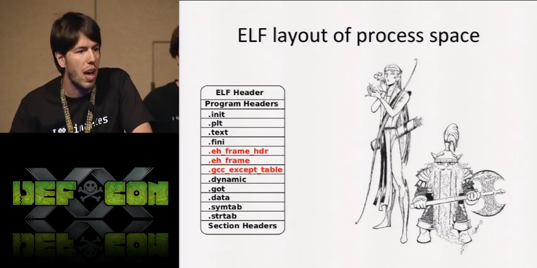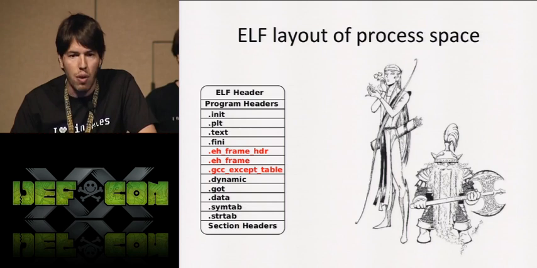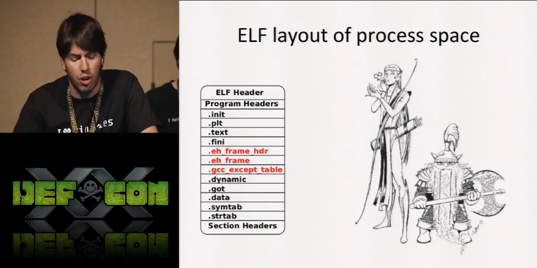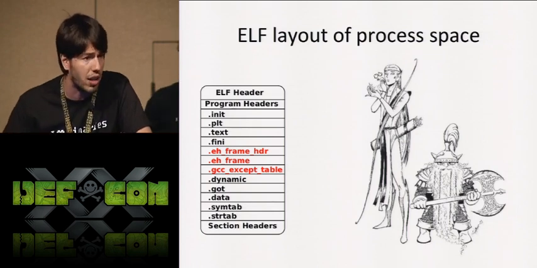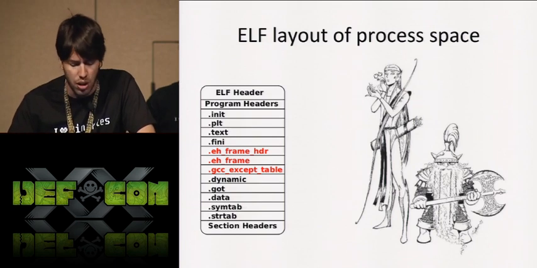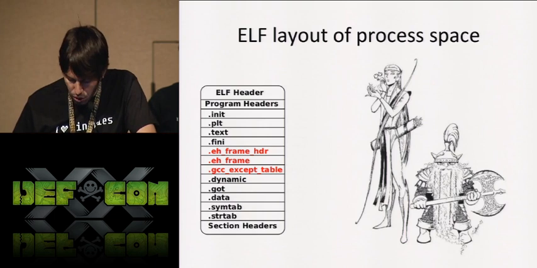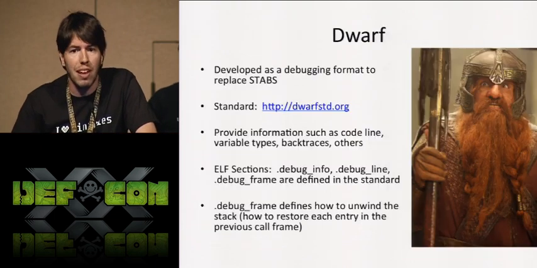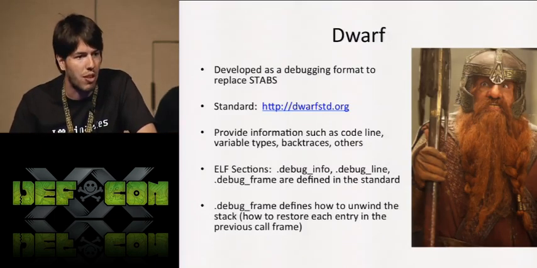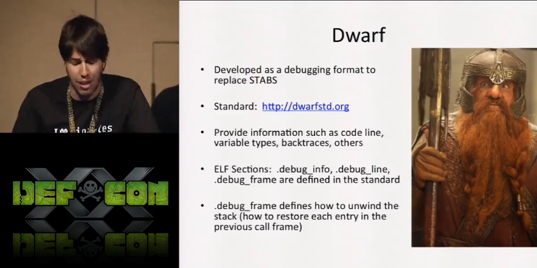Basically, if you look into the ELF and the ELF layout, you have some sections that actually call for attention, which are the ones in red on the slide: the EH frame header, the EH frame, the GCC exception table. Those sections are based on a debugging format called Dwarf, which was created for debugging.